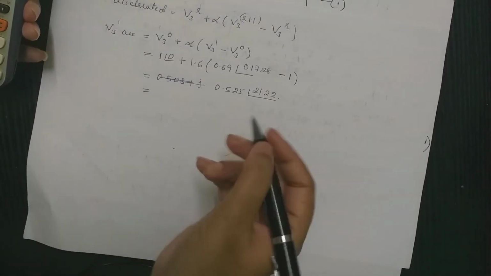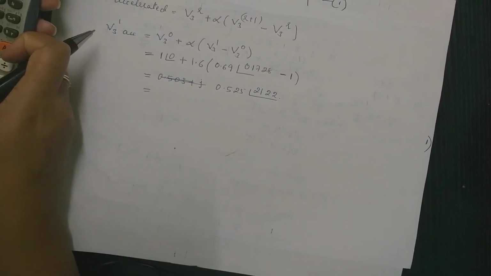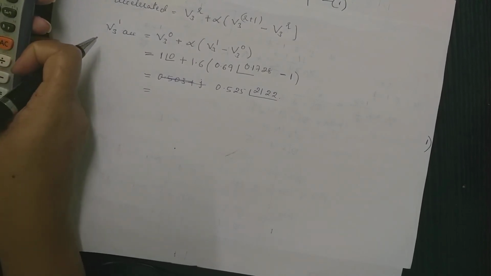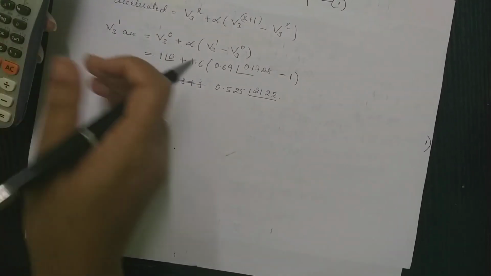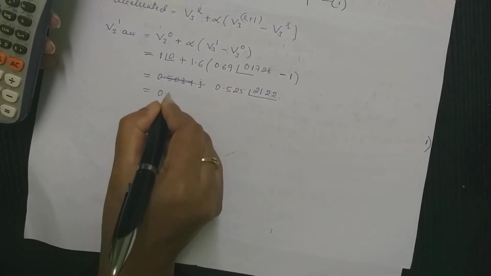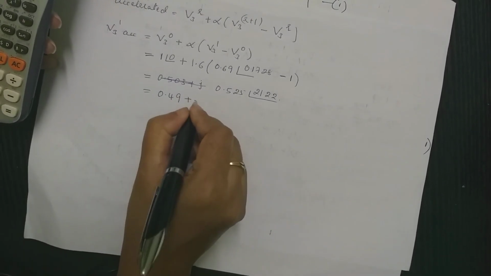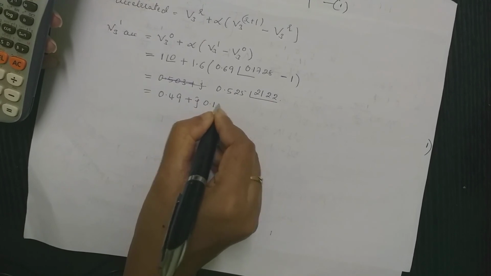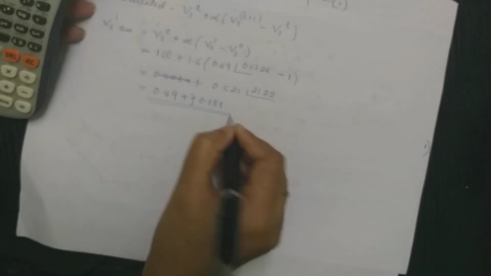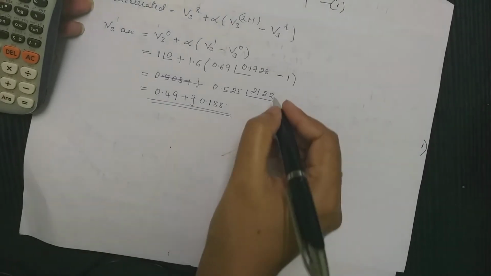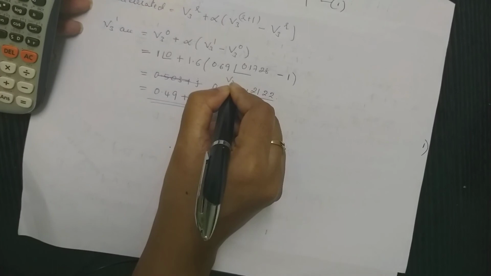Converting it to rectangular form we get 0.49 plus j0.188. So this is the value of V3 accelerated. This is delta 3, this is V3.